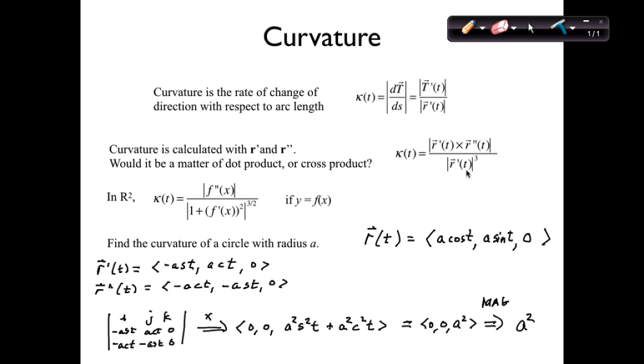So then we need the magnitude of the first derivative. What's the magnitude of that? It's the square root of a squared sine squared plus a squared cosine squared, which is a.